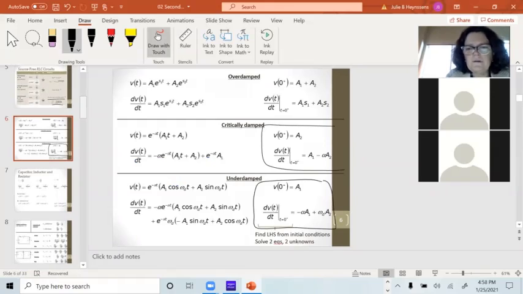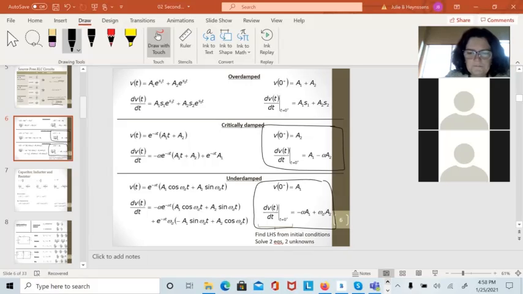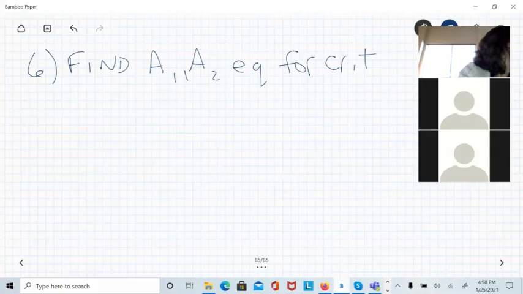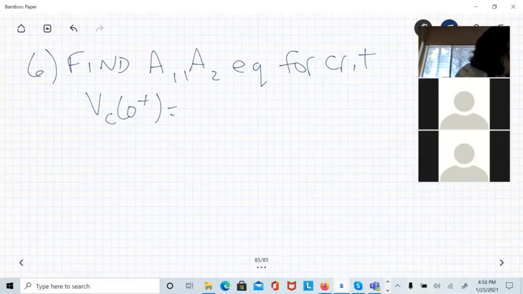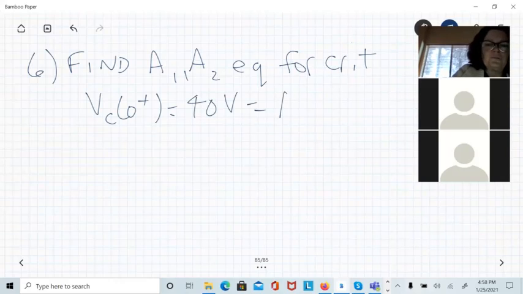Critically damped: V0 is A2. The derivative is A1 minus alpha A2. Do I have them written down here? Yes, I do. Thank goodness, so I won't have to memorize them. So VC of 0 plus is 40 volts, and that also equals A2. So we got A2.